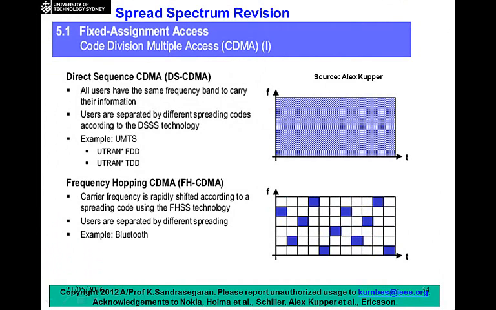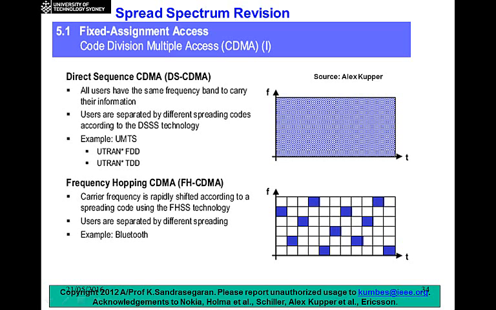Okay, so just a quick recap about spectrum, which we talked about in the media access control lecture, which was the third lecture. Here we have two possibilities in spectrum. We have something called direct sequence CDMA, and the second possibility is frequency hopping CDMA. The first one is the more popular one, direct sequence CDMA.